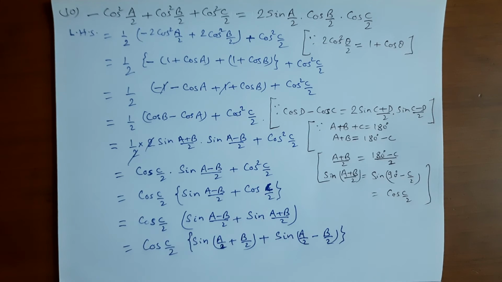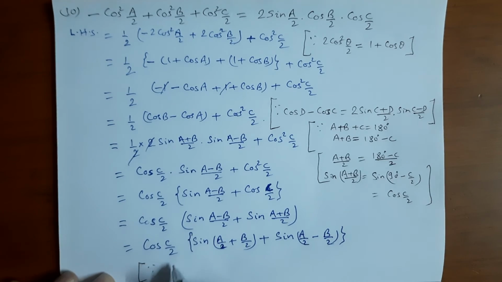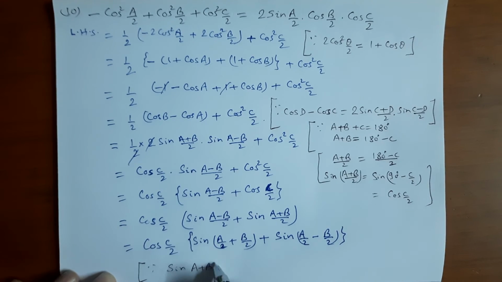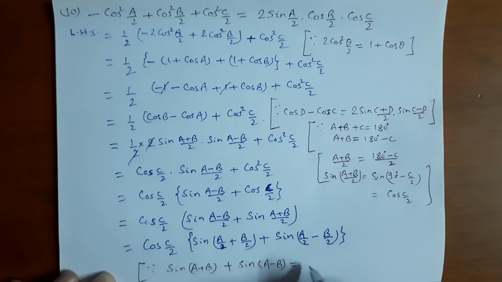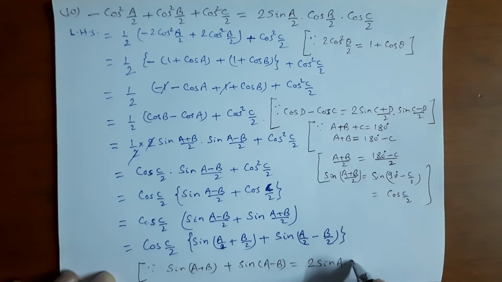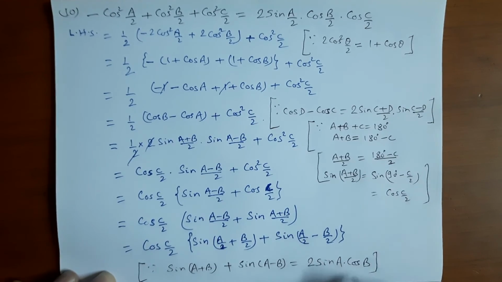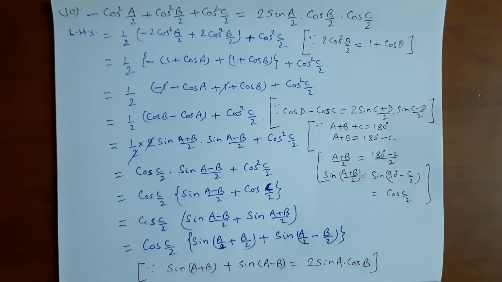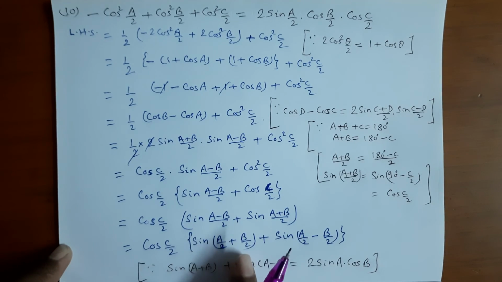In the next step we use the formula of sine (a plus b) plus sine (a minus b), which is 2 sine a cos b. Using this formula, instead of this we can write 2 sine a/2 cos b/2.